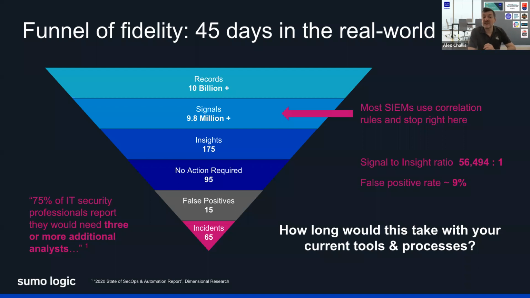In fact, this particular organization witnessed a signal to insight ratio of just under 57,000 to 1. So that was leading to 175 insights, of which they validated 65 of those as actual incidents over the course of their 45-day POV.